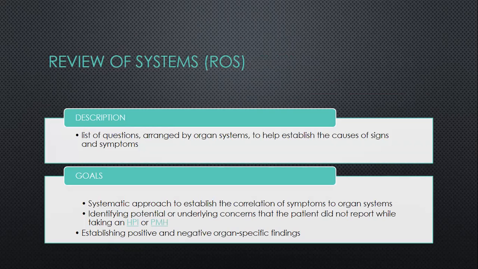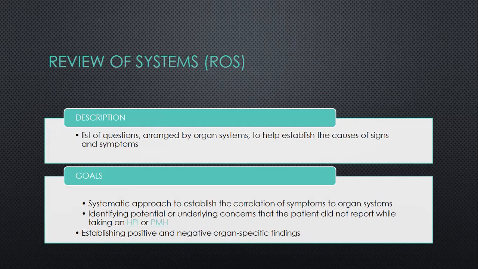And this would be the last one, actually, the review of systems. So what is this about? This is just a little list of questions arranged by organ systems to help establish the causes of signs and symptoms. So what are the main goals here?